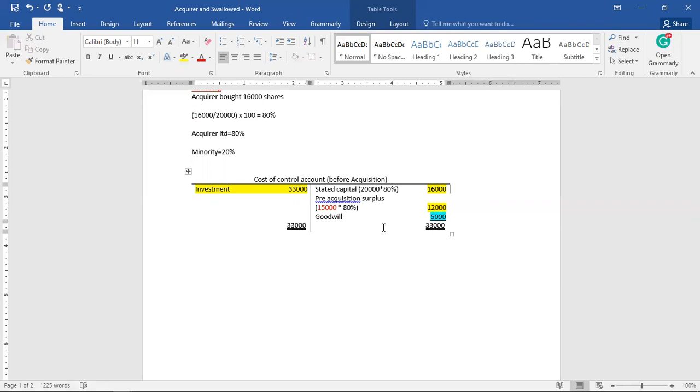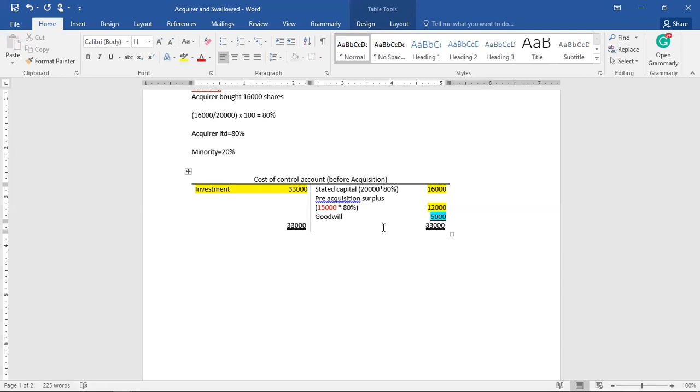So 19,000 plus 14,250 gives you 33,250. So your credit side is 33,250. Credit side is greater than the debit side. So you are having a credit balance, and the difference is what you call capital surplus of 250.